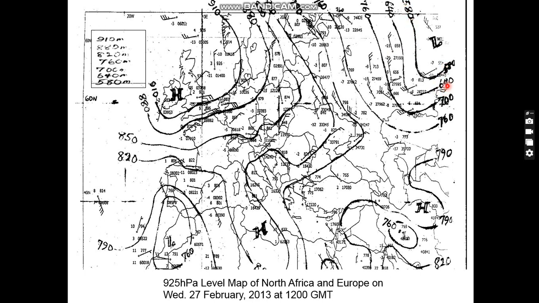The next one is 640, increasing by 60 geopotential meters. Look at this station here and this station there. This is 613 and this is 694. So definitely 640 exists between 613 and 694.